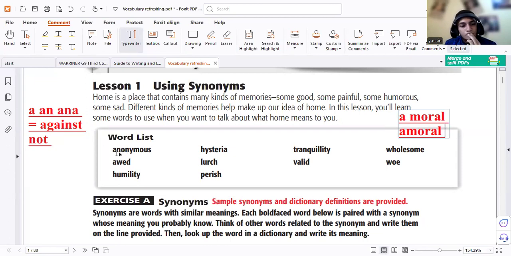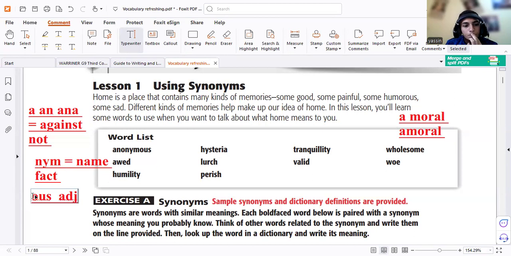How about that? N Y M means name, means fact. And O U S tells you it's an adjective. So how can I guess the meaning of anonymous?